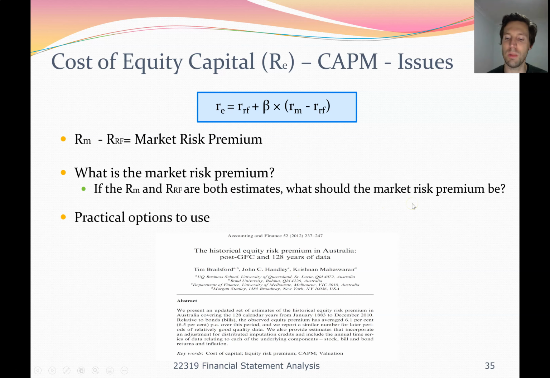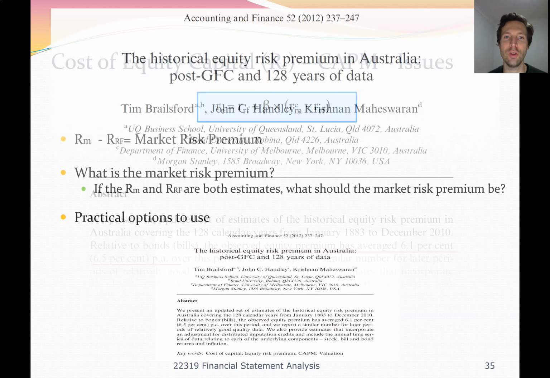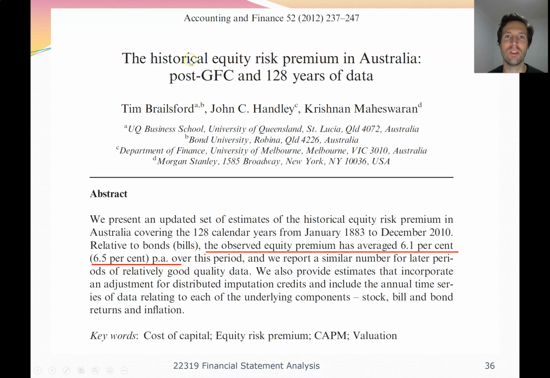What can you use for this market risk premium? Well, some practical options. You could use this paper, which looks at the historical equity risk premium in Australia for the last 128 years. They find that the observed equity premium has averaged 6.1% or 6.5%, depending on whether they use government bonds or government bills for the risk-free rate.